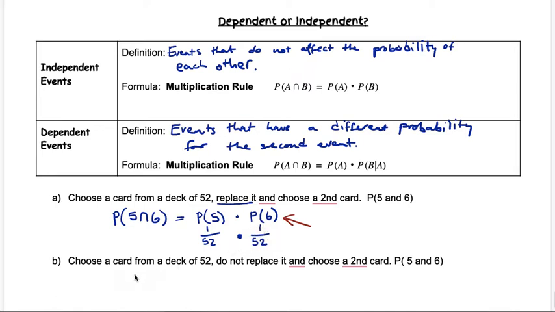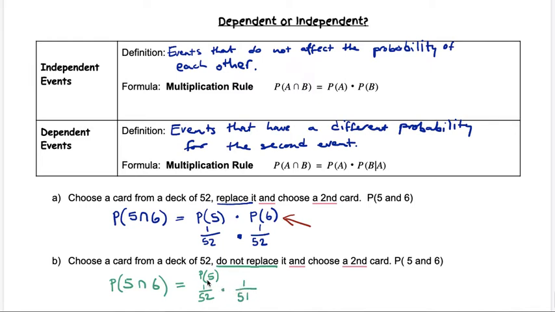In contrast, if we do not replace the card, the second one is going to change. So the probability now of choosing a 5 and a 6 from a deck of 52 cards is the probability of choosing a 5, which is 1 out of 52. But now that we've pulled out the 5 and have not replaced it, we're multiplying that times a different number: 1 out of 51, because we now only have 51 cards in the deck.